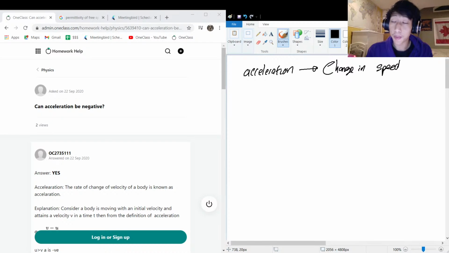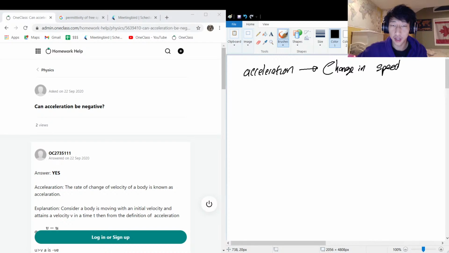Now, if we're driving in a straight line and I accelerate, we're going faster, forward, quicker. If I'm driving in a straight line and I hit the brakes, I have a negative acceleration. My speed is changing, I'm slowing down, but I'm changing to be faster in the opposite direction. So you can see acceleration as increasing your speed in the opposite direction that you're going, which results in a lesser overall perceived speed.